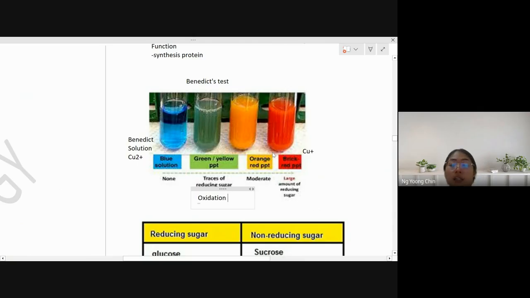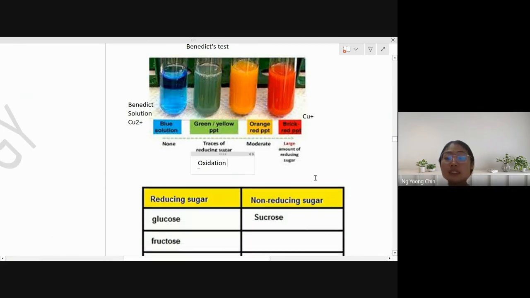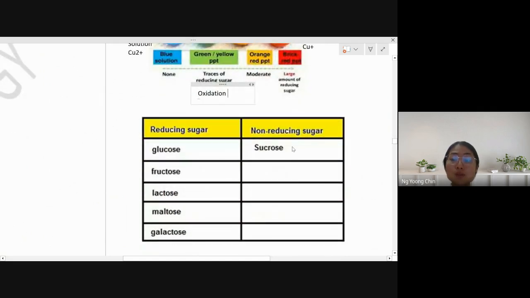So if we put sucrose inside the Benedict solution, which is blue color, can it change to brick red precipitate? The answer is cannot, because it's a non-reducing sugar. Sucrose will cause the Benedict solution to remain blue.